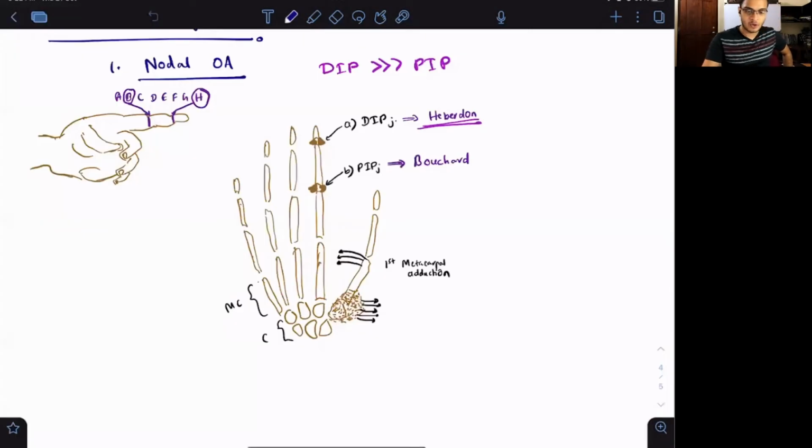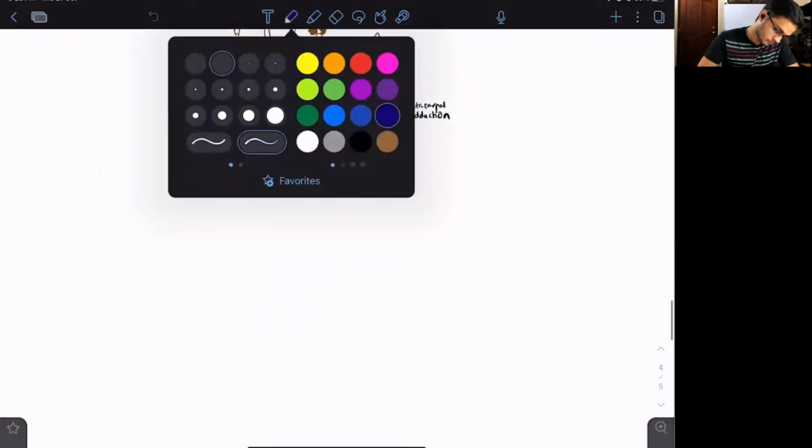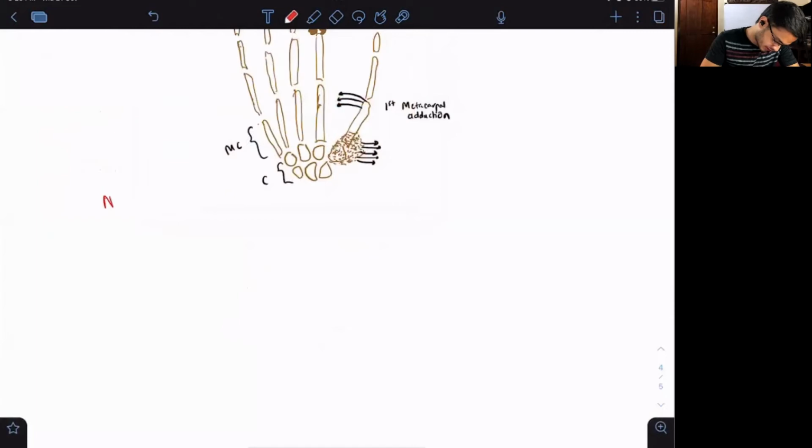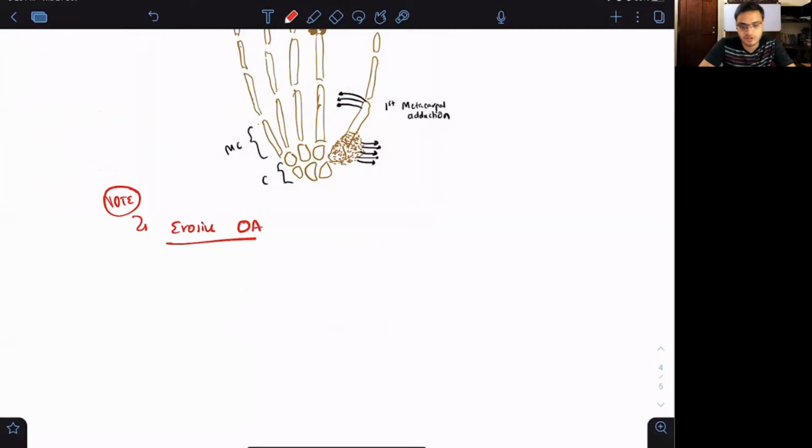Next one, guys. I want you all to put this as a note. There is something called erosive osteoarthritis.